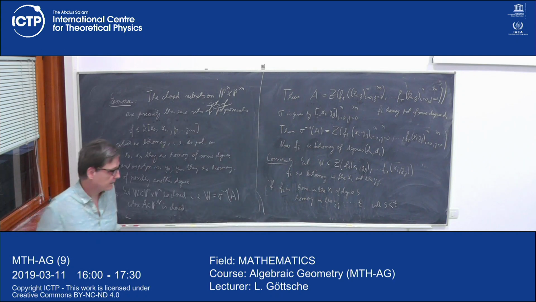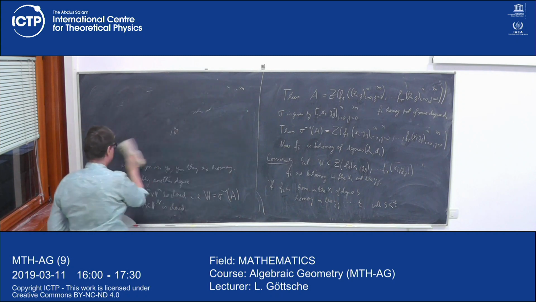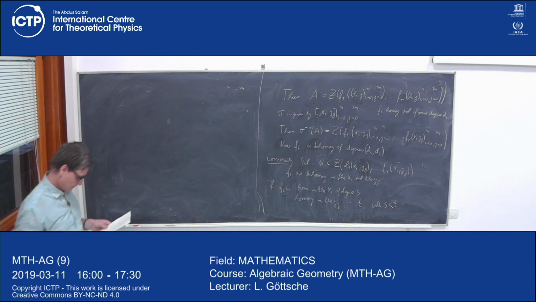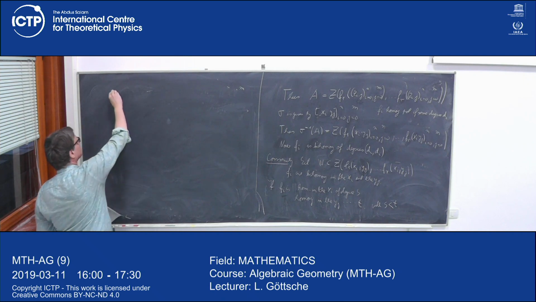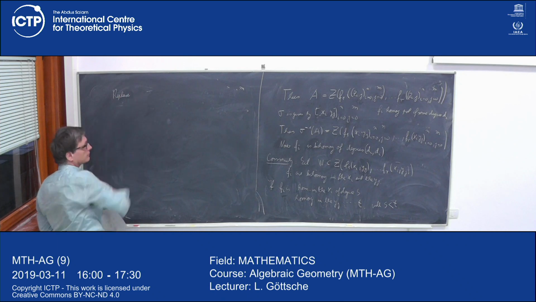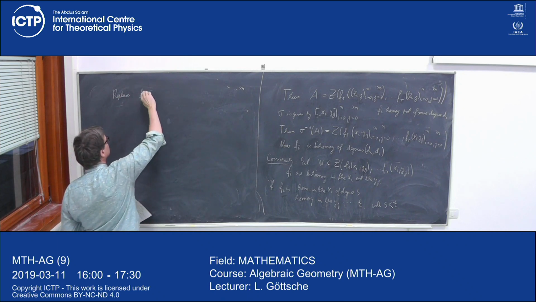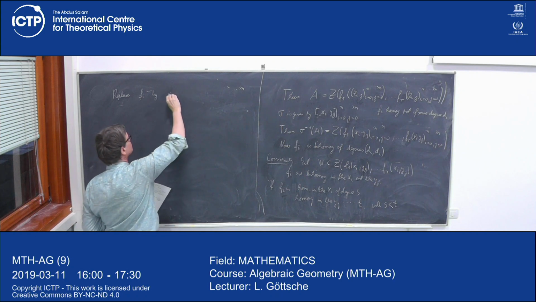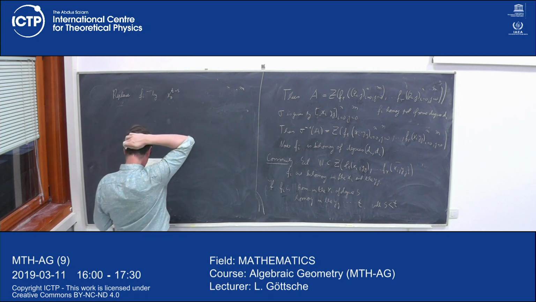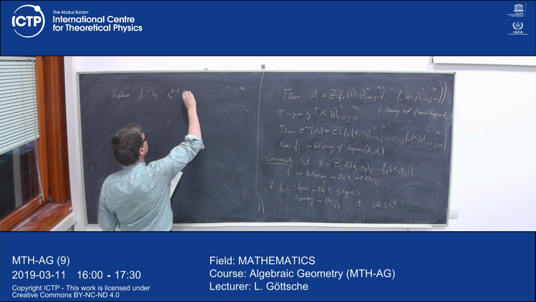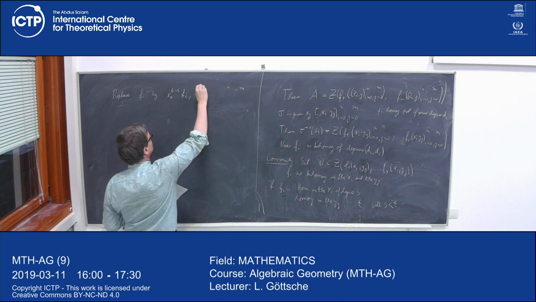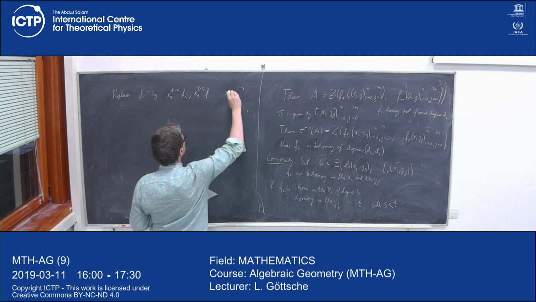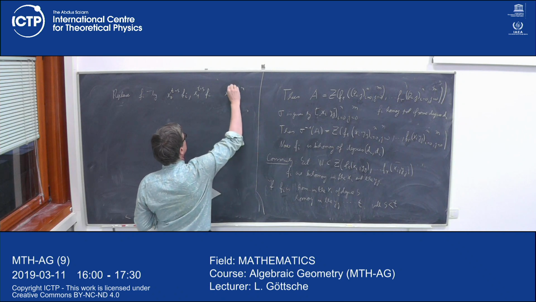Then we replace this fi by x0 to the t minus s fi, x1 to the t minus s fi, until xn to the t minus s fi.